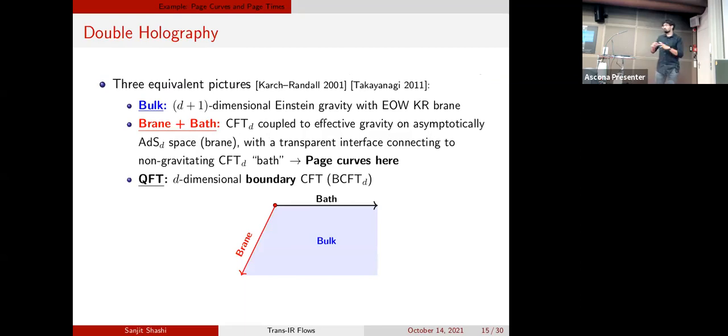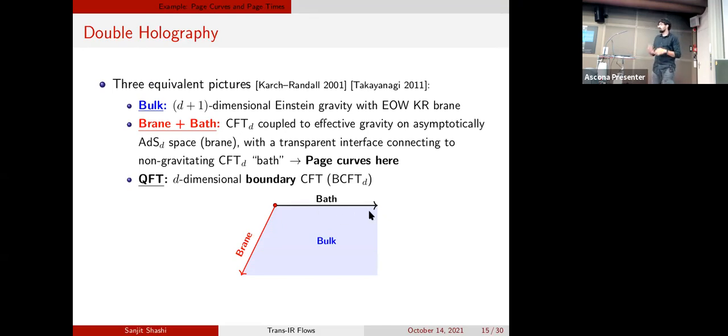And I also get this double holography. So I have my bulk theory, that is this D plus one dimensional Einstein theory with my end of the world brane. But I can dimensionally reduce the theory to one that's just localized on the brane, shown in red, and this conformal boundary, or bath, as I call it, in black.